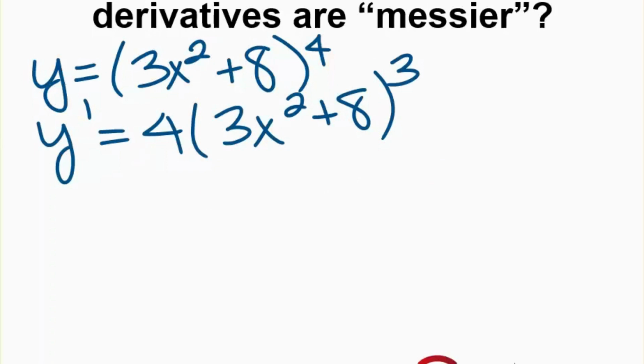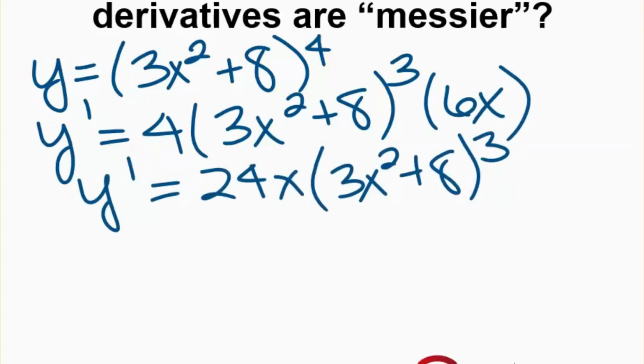So remember, we multiply that 4 down in front, keep the inside the same, 3x squared plus 8. Now that's to the third power. And then we multiply it by the derivative of the inside. The inside has a derivative of 6x. Therefore, our derivative, y prime, equals 24x times 3x squared plus 8 to the third power.